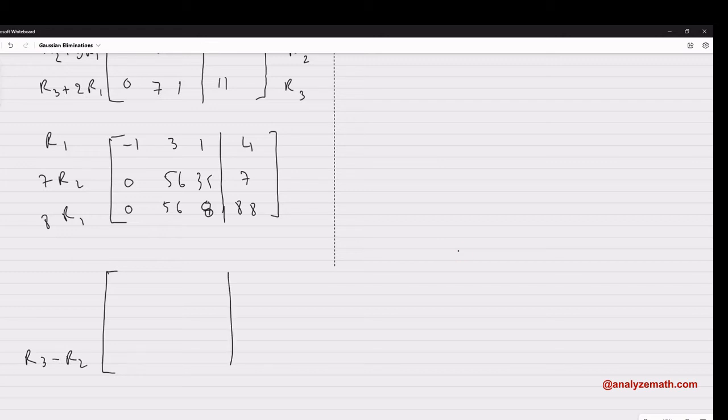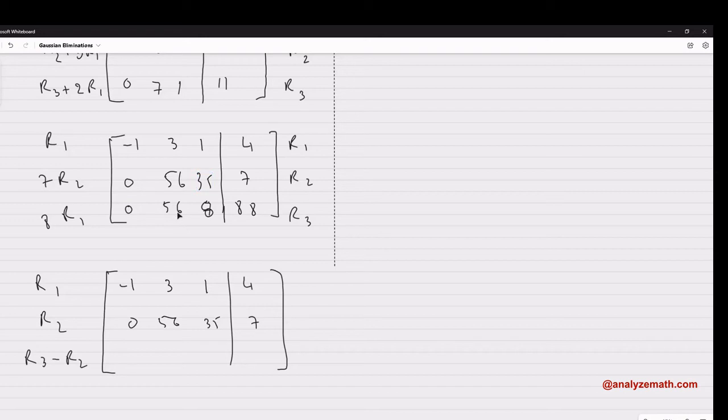Now the solid line and then the rest here. So R1 again unchanged. So this is R1, R2, R3. R1 unchanged, R2 again unchanged. Now let's do R3, this minus this.